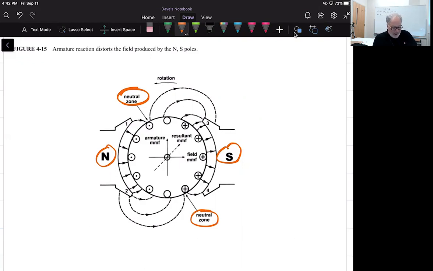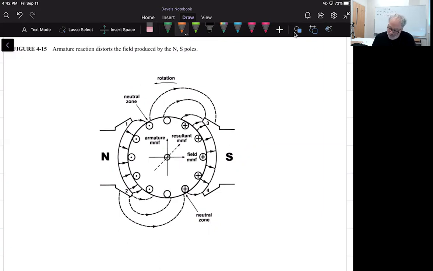He mentioned specifically in this case that the neutral zones have shifted in the direction of rotation of the armature. That's a common occurrence in a DC generator, and it's something we need to figure out a way to prevent.